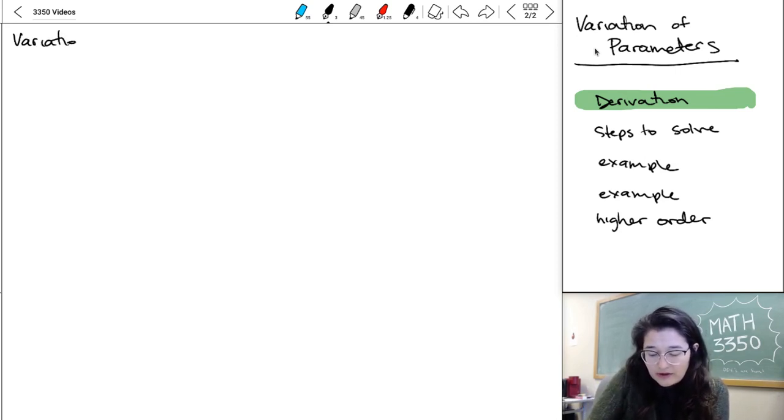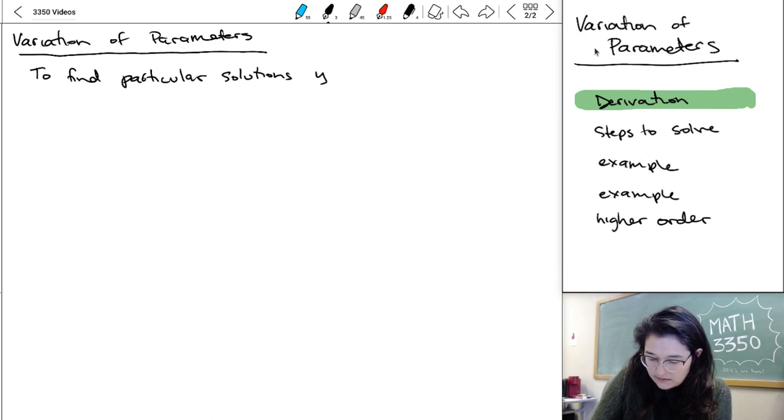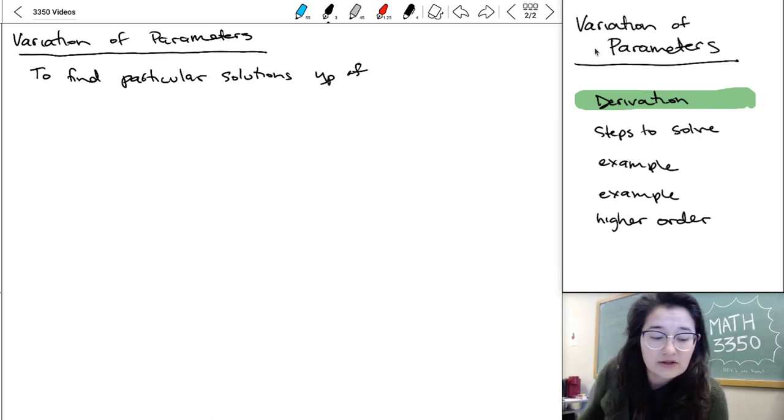But first, our little brief intro at the top of this section, just so that we know exactly what type of problem we're learning how to solve. This method is going to help us find particular solutions of a particular type of non-homogeneous differential equation.